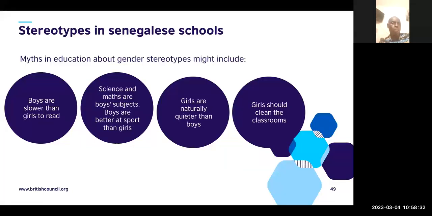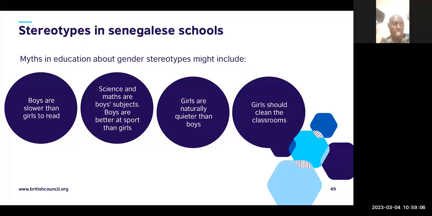Okay, we have some myths as far as gender stereotypes are concerned. And we see that most of the time here in Senegal, we can hear it, perhaps after my colleagues or the viewers will give their point of view about that. We see that sometimes we say boys are slower than girls to read, or girls are naturally quieter than boys. Science and math are boys' subjects.